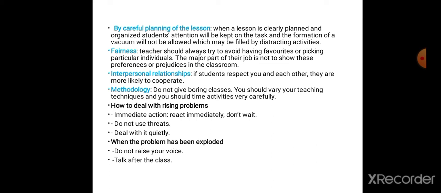The major part of their job is not to show these preferences or prejudices in the classroom, to give equal opportunities to his or her students, and to be fair and to not have prejudices and biases towards his or her students.